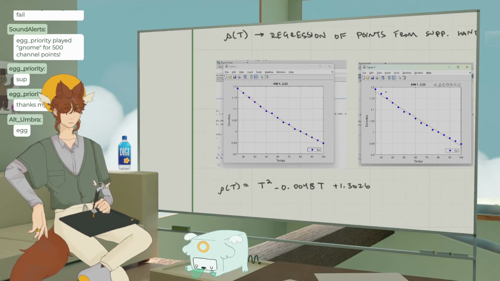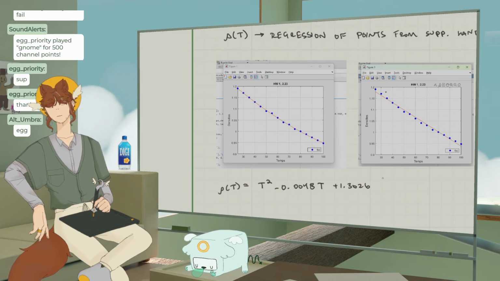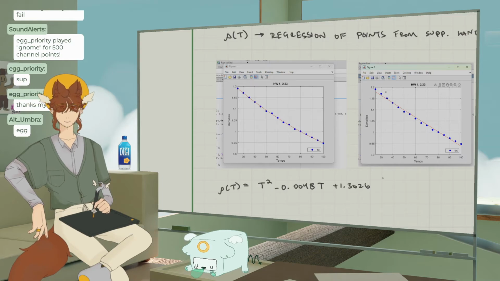There we go. Oh, you know. Just me and my rho of t. And so then, that's what that is. I don't really know what else to say.